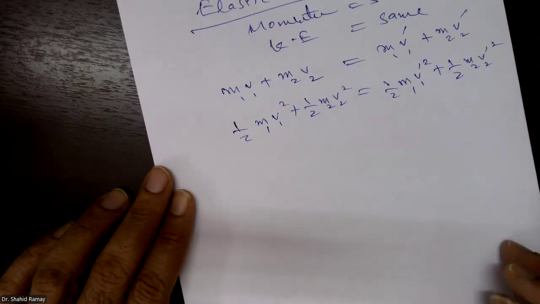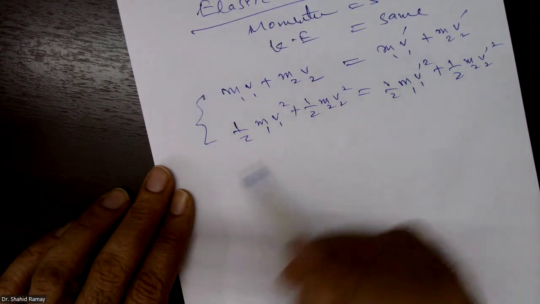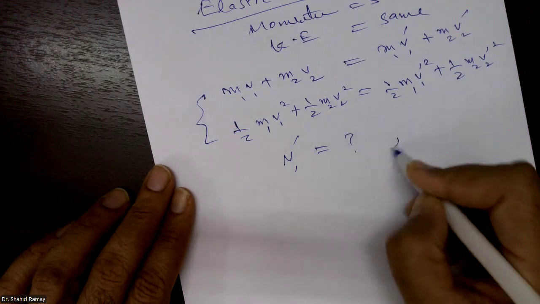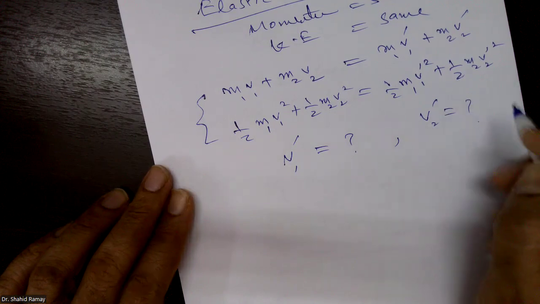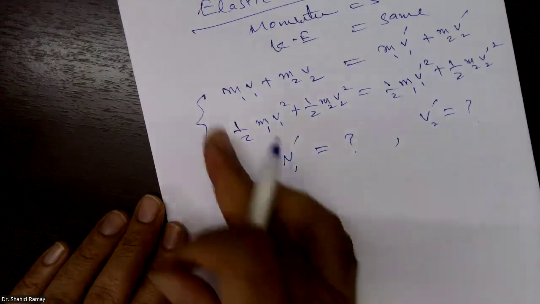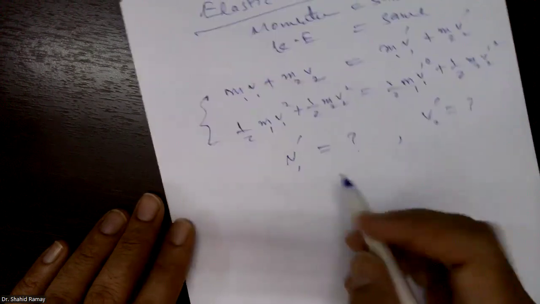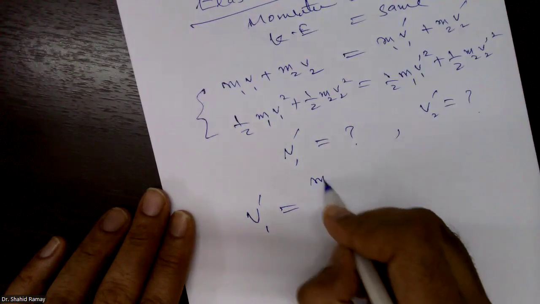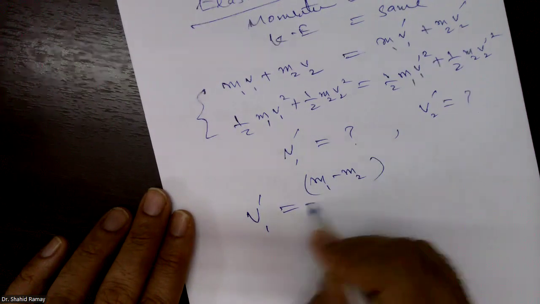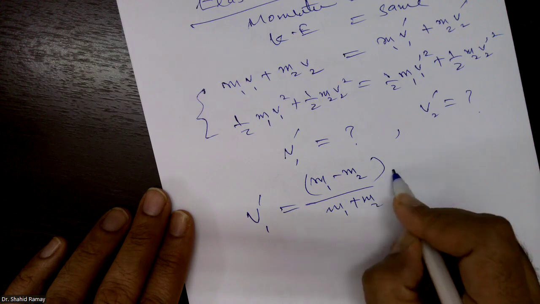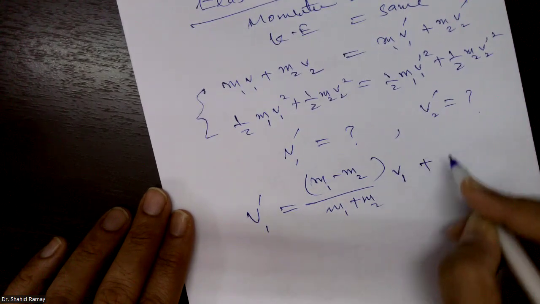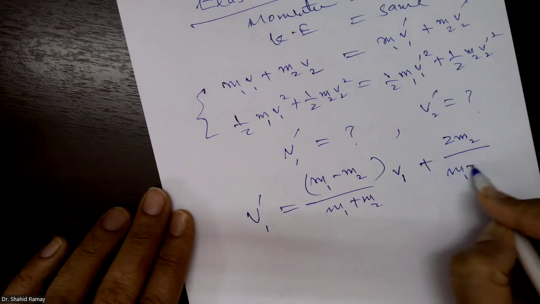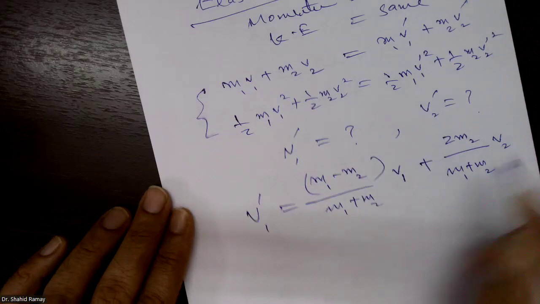After solving these two equations, we can find the value of V1 dash and the value of V2 dash. I'm not deriving this relation; you should remember this formula directly. V1 dash is equal to M1 minus M2 over M1 plus M2 into V1, plus 2M2 over M1 plus M2 into V2.